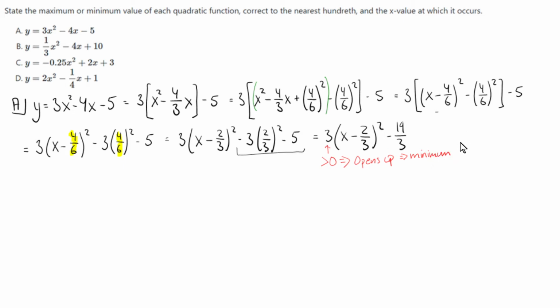And the y-coordinate of the minimum is going to be the negative 19 over 3. Now they want the answer to nearest hundredth, so it's going to be negative 6.33. And the x-coordinate of the minimum is going to be positive 2/3. So again, to nearest hundredth, that's going to be 0.67.